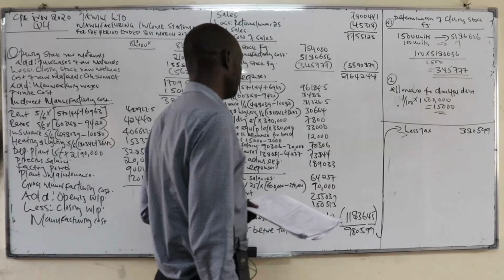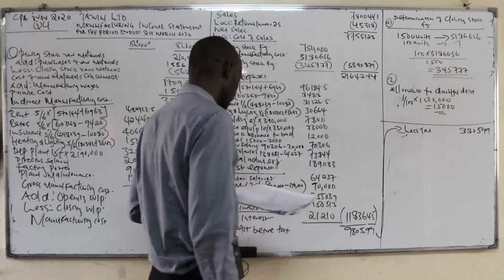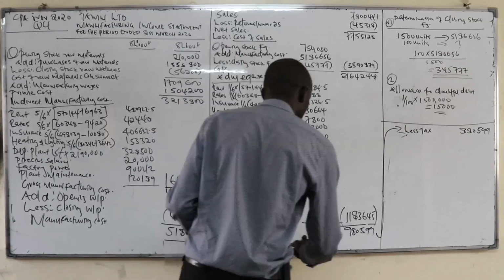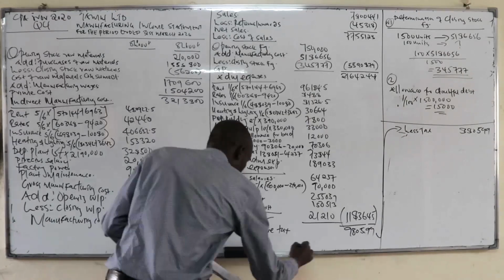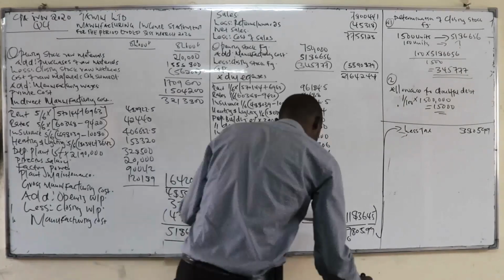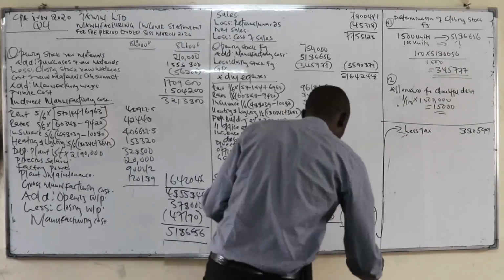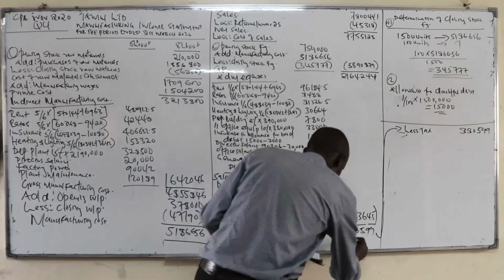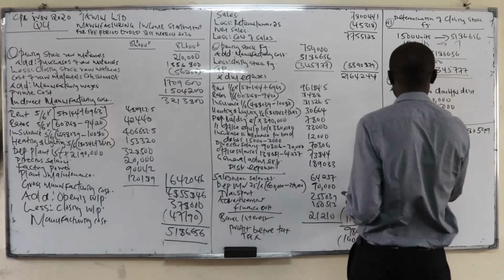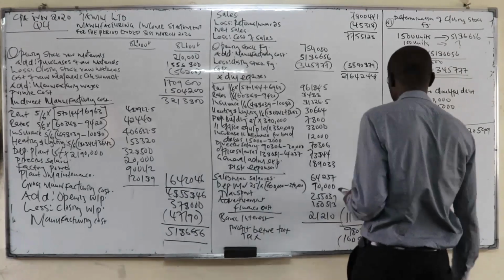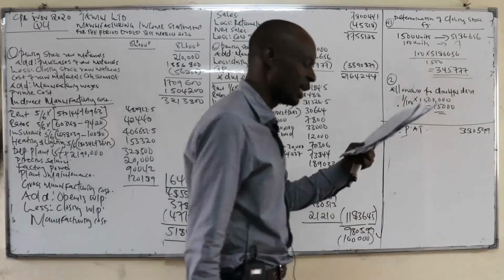How much was the tax? So tax here 100. Tax was 100. Where is the tax figure? 100,000, isn't it? So this is profit after tax, isn't it? And then we have dividend paid.